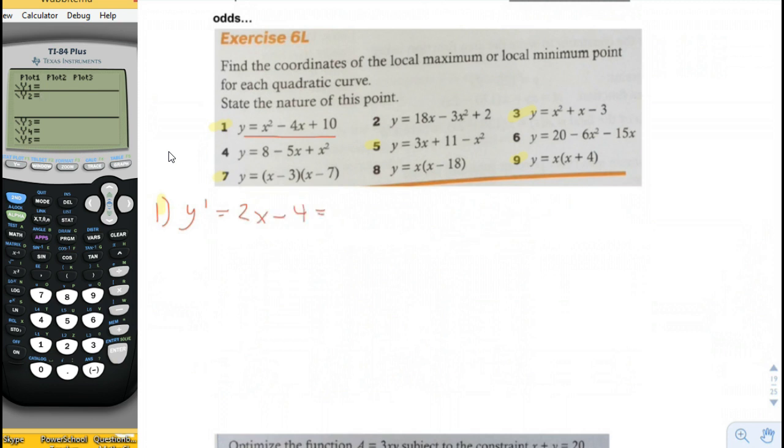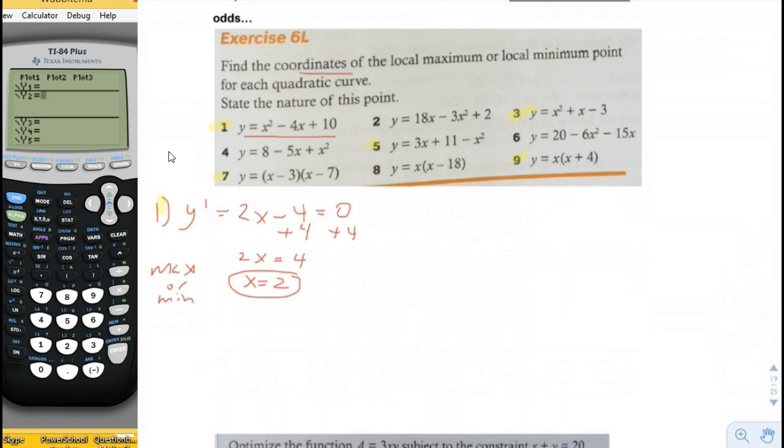And then you would say, okay, when is this equal to 0? This is equal to 0 when, you would add 4 to both sides, and you would say it's 2x equals 4, x equals 2. So there is a max or a min at x equals 2.